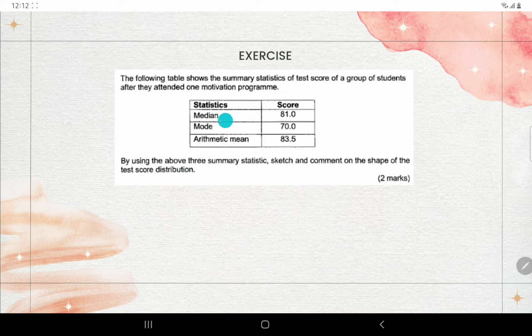We can see here the median is larger than the mode, and the mean is larger than the median and mode. So the mean is the largest one, then the median, and the mode is the least.